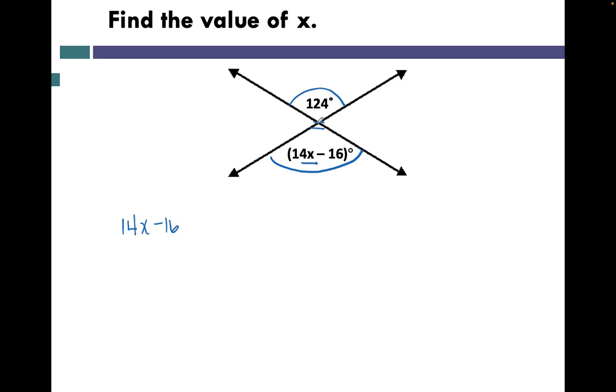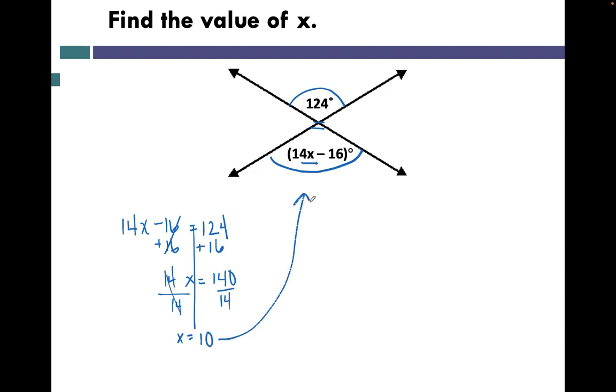Since they're congruent, we know that they're equal to each other, and we can write the equation to show that. 14x minus 16 equals 124, and then to solve for x, I add 16, which gives us 14x equals 140, and then 14 times what number equals 140? I'll divide 140 by 14, which gives us that x equals 10.